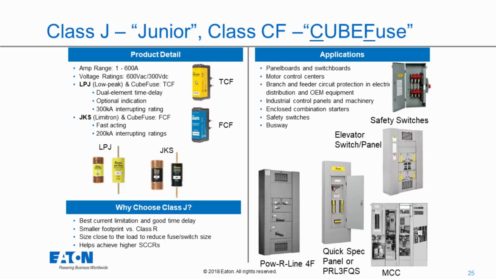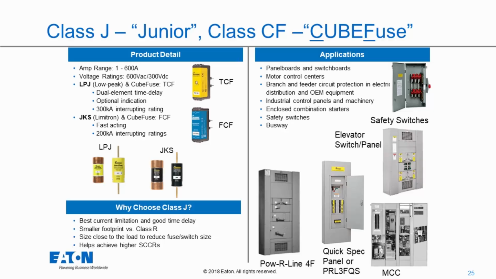It's been around for a while, and we actually have a new version of that as well called our Cube fuse. Our Cube fuse, which is on this page as well, the TCF and FCF, basically takes the guts of the LPJ. Electrically, it's the same as a Class J. It's just retooled and now put in a finger-touch-safe system. The Cube fuse has been around for over 20 years. It's a nice fuse.